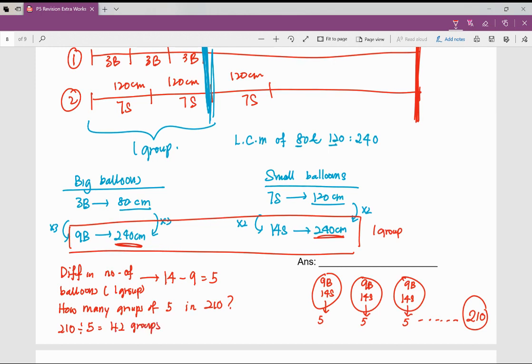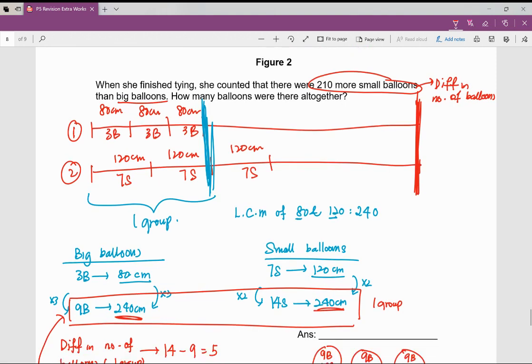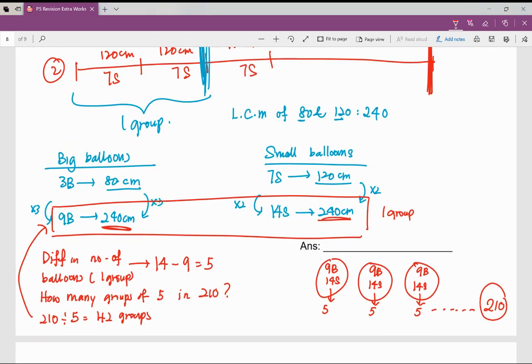Okay, so I found my 42 groups already. I know that there are 42 groups of this. They want to find how many balloons there were altogether, so I will need to find my number of balloons in one group.